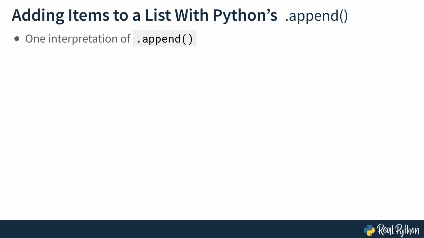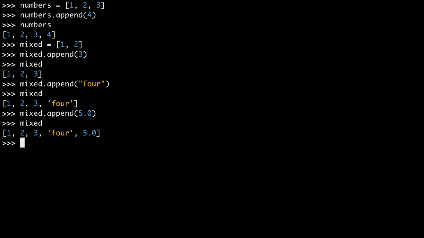One way to interpret what append does can be through the use of slicing. You can start with a list, and then use a slice operation to extend it. So this notation will have the same effect as append.